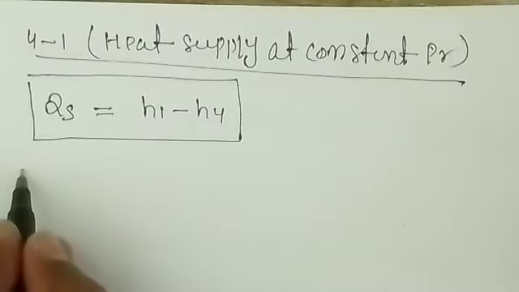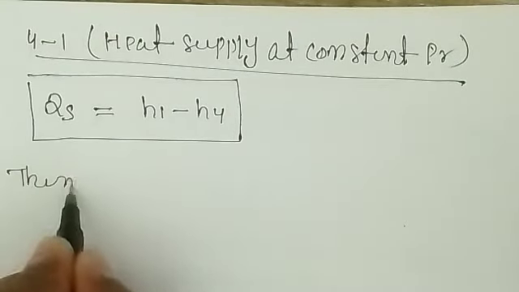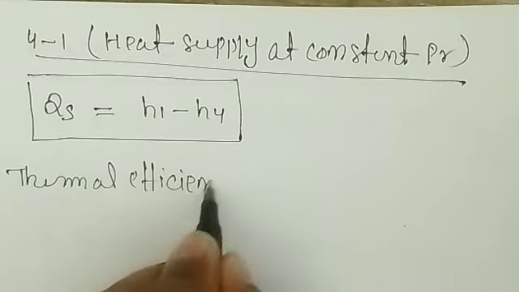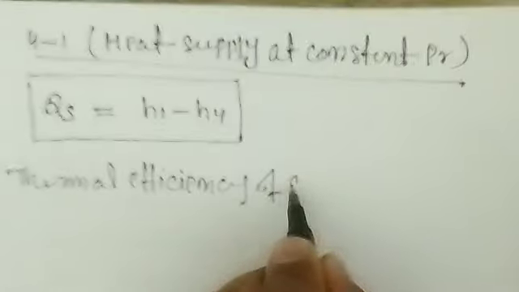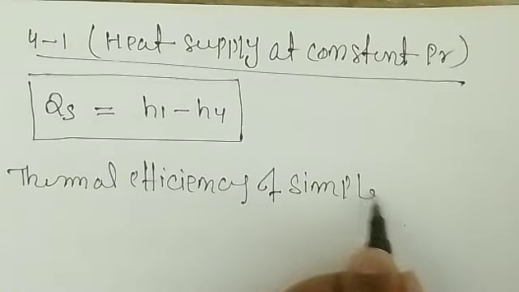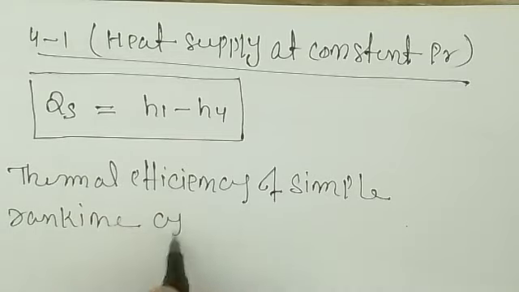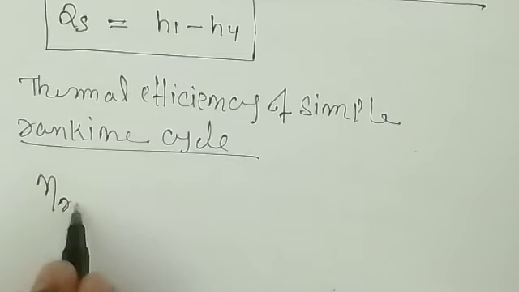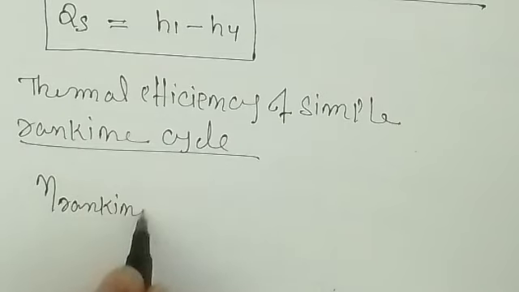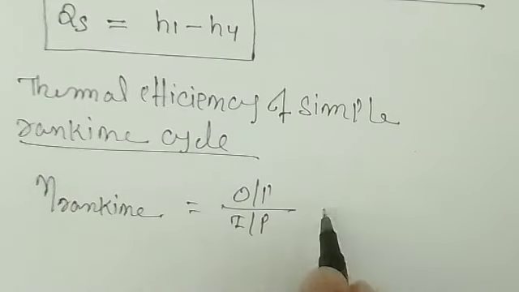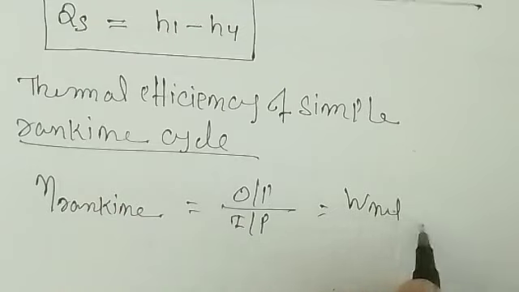So thermal efficiency of simple Rankine cycle: eta Rankine is equal to output by input, which is nothing but W net by heat supplied, right? So W net is what?